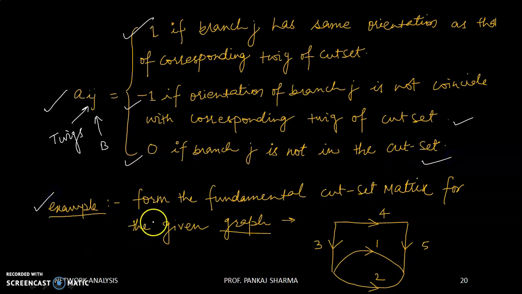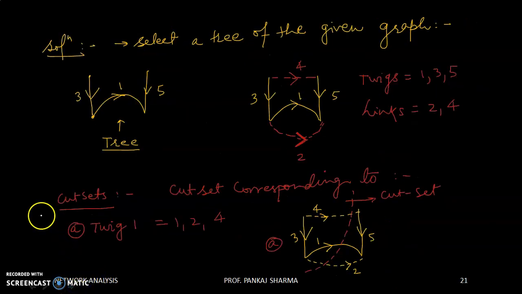Let's have an example. Form the fundamental cut set matrix for the given graph. This is the graph given. Let us understand how to form the fundamental cut set matrix of any given graph. The solution goes like this. We have to select a tree of the given graph. I have selected a tree like this. You are free to select any of the possible trees of the given graph.